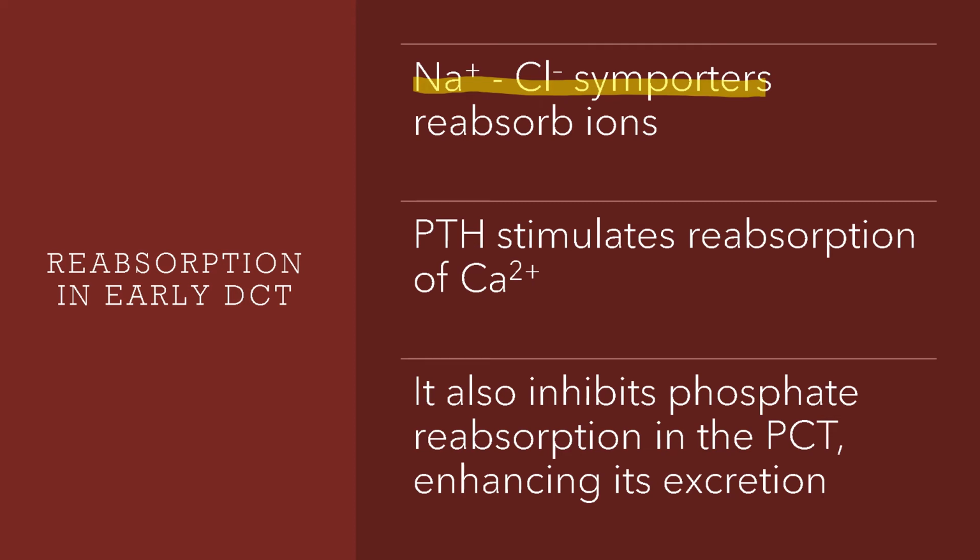The early DCT is also a major site where the parathyroid hormone, or PTH, stimulates the reabsorption of calcium ions. Now, the amount of calcium reabsorption in the early DCT really varies depending on the body's needs.